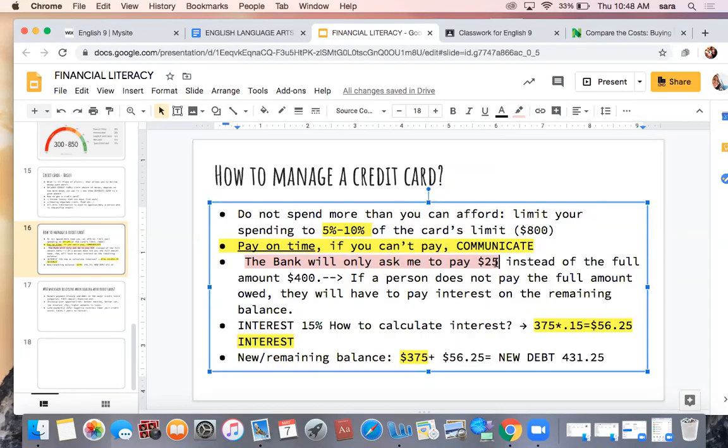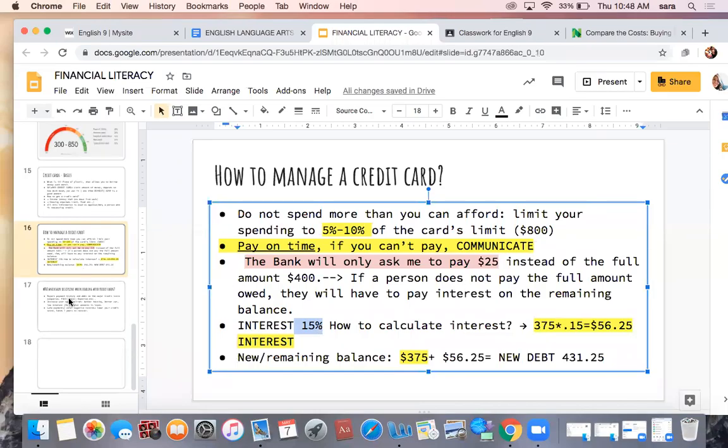Okay, why is it a trap? Because of the interest. I know Jesus gave us 15% interest, that is generous. Most banks don't charge 15% interest to people who are new to this. They charge anywhere upwards of 24, 25, 26, 27%, which is a lot of money added onto your debt.